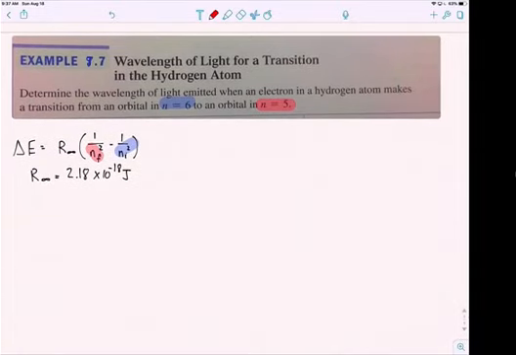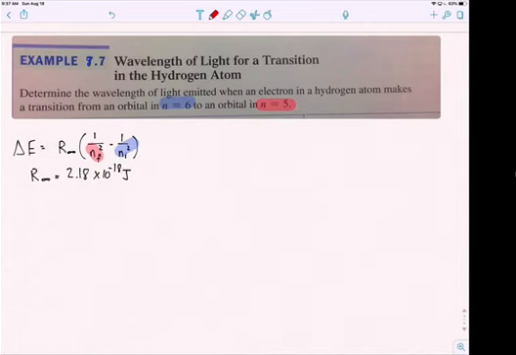So let's do this. Determine the wavelength of light emitted when the n equals 6 level goes to the n equals 5 level.